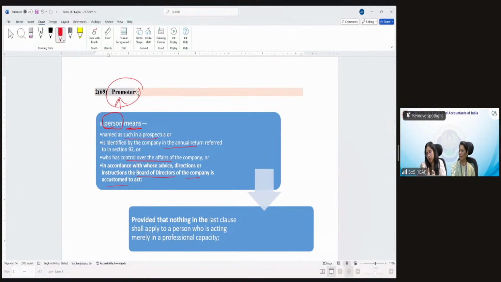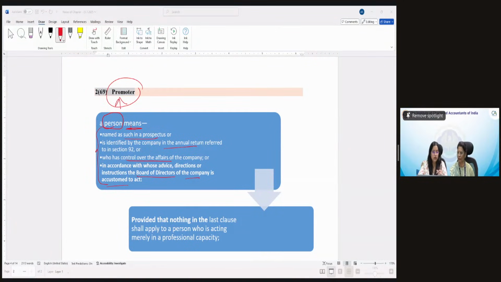Is he the owner? Not necessarily. It depends, but if he is acting in any of these capacities, he would be termed a promoter. It is clearly defined, and no person other than this can be termed a promoter.